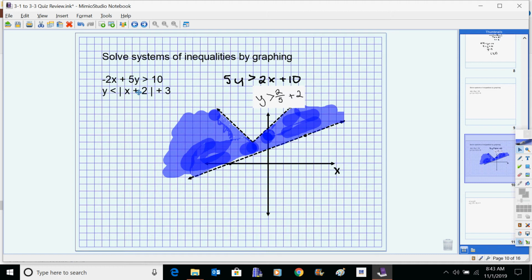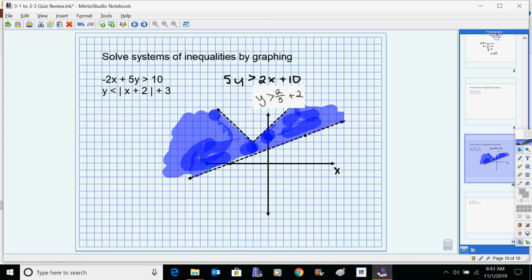On this one, the V shape for absolute value goes left 2, up 3. There's no numbers out front that would modify it or make it any more difficult to find your V. It's just a standard one. But once again, it's dashed because there's no "or equal to." And then it's less than, which would take us below it.